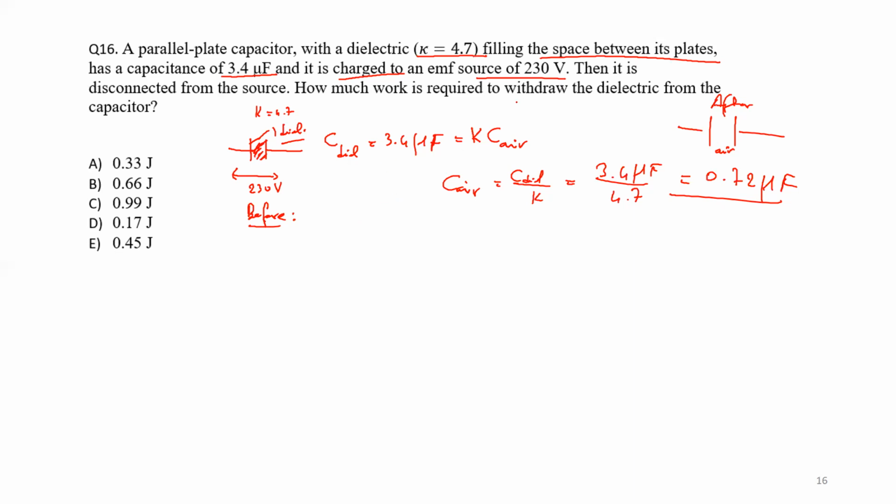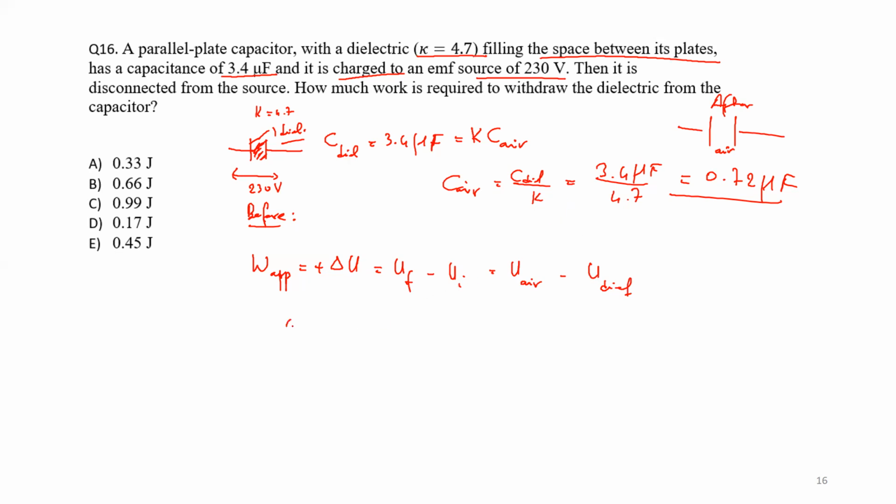So the question is, how much work is required to withdraw the dielectric? Well, as I said before, work applied is just change in U. So it will be U final minus U initial, meaning U A minus U with dielectric.